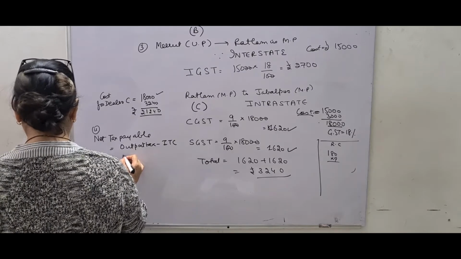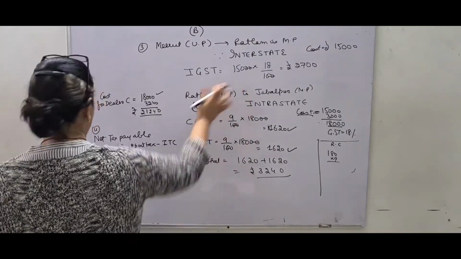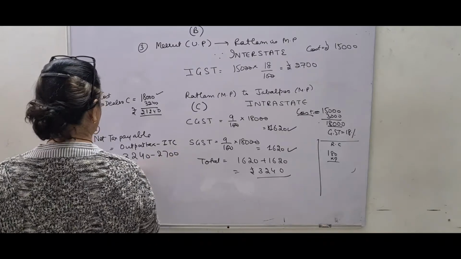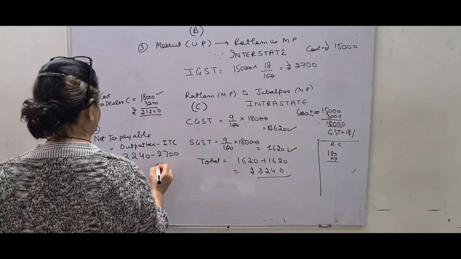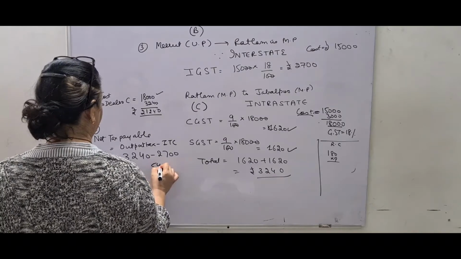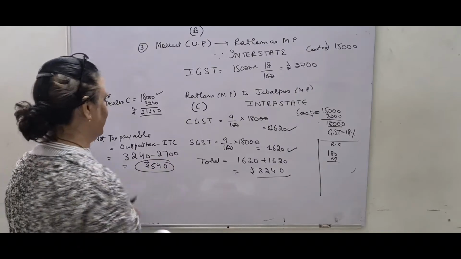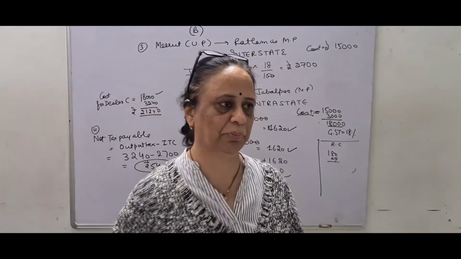You know what to do. 3240 B minus A, that is 2700, and that is the tax liability, you can say, and when you subtract, this will be 540. So 540 is the net tax liability on the money which he will get back, or the money as a profit to him.